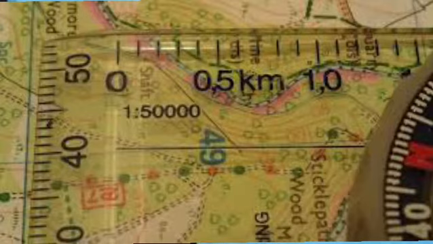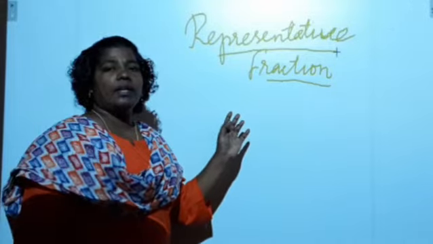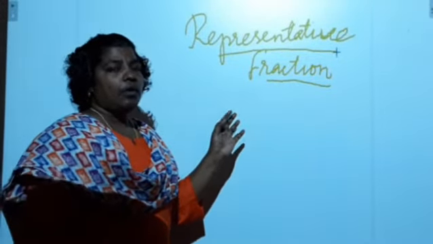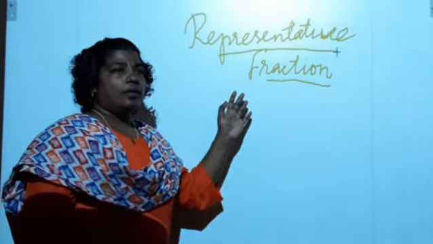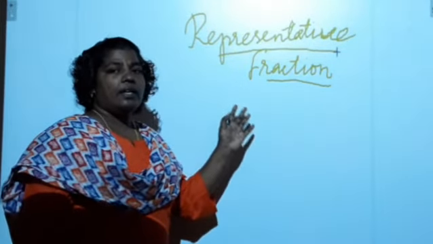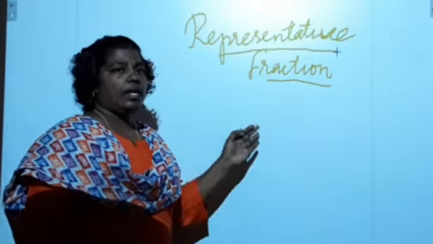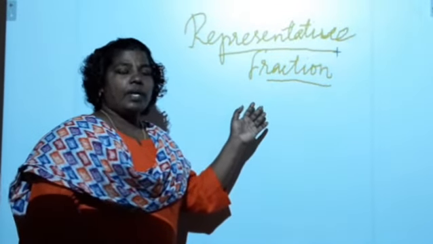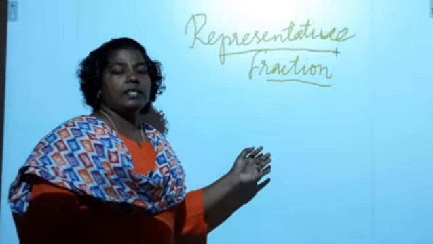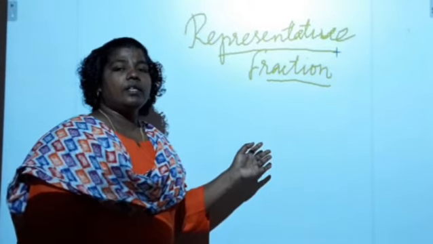In representative fraction, the distance will be shown in a ratio. For example, the numerator and the denominator will be given. The numerator will be given as 1 and the denominator will be given as 50,000.